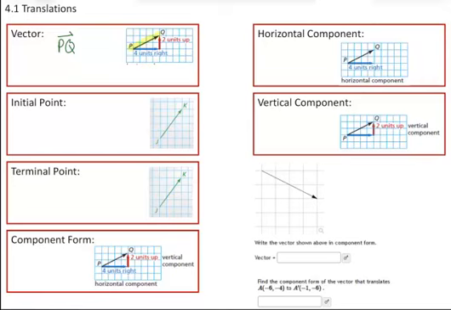Okay, again, just to illustrate here, the initial point is this point J. That's where you start. The terminal point is where the vector ends. So on this same vector here, it's the point K. And the vector is made up of the horizontal component, and that is the horizontal measure from the initial to terminal side.